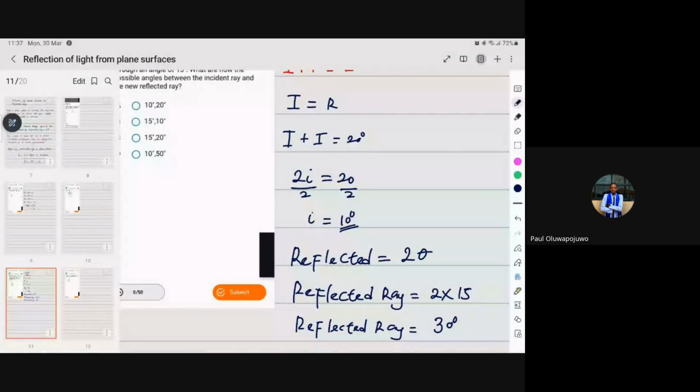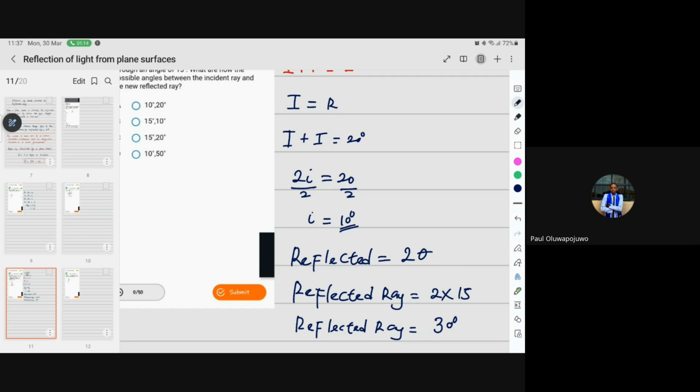What I was saying was, to find the angle between the incident ray and the final reflected ray, it will be double of I plus theta, where theta is the angle of rotation. The angle between the first reflected ray and the incident ray is I plus theta.